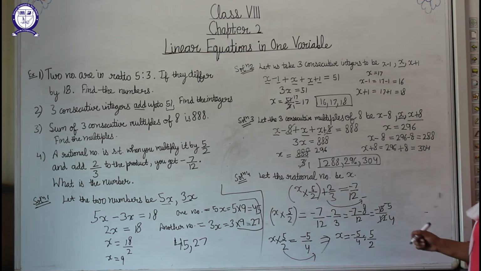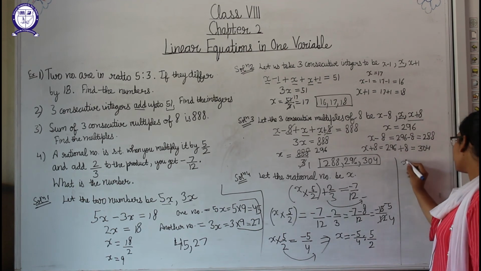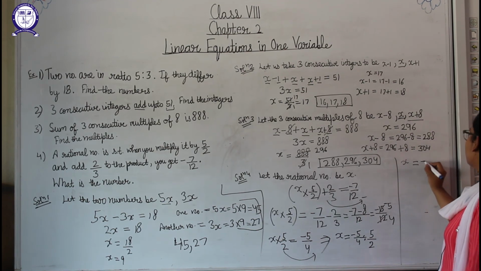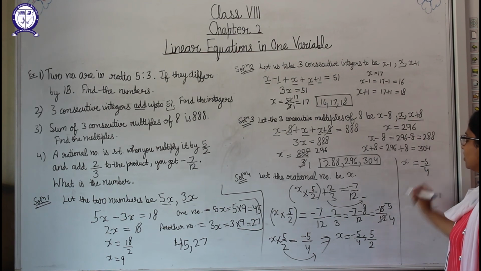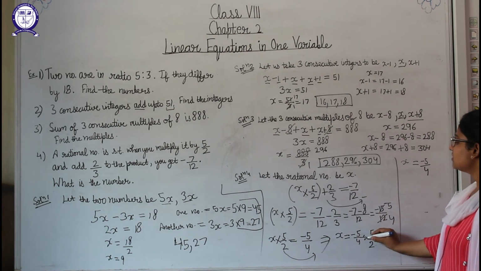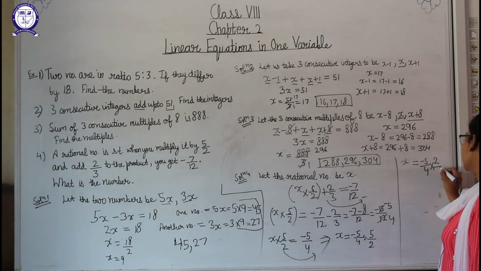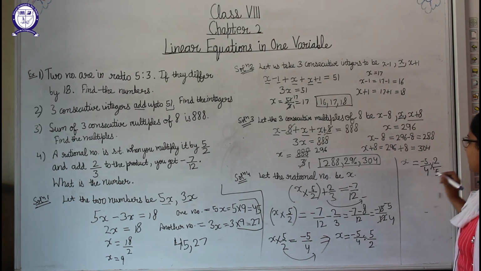Now students, how will we solve this part? x will be equal to minus 5 by 4, and you know that we take the reciprocal of the second fraction and change this division to multiplication. So this will be multiplied and it will become 2 by 5. The reciprocal of 5 by 2 is 2 by 5.